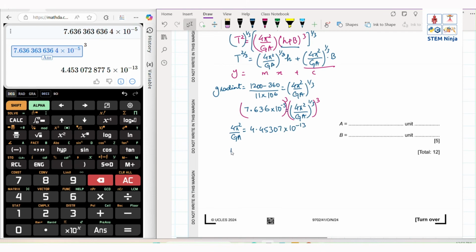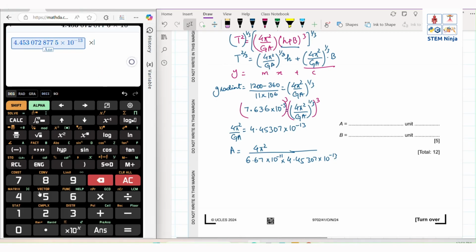Now we cross multiply to find A. So A would be 4 pi squared over G, where G is 6.67 times 10 raised to power minus 11, times this value, 4.45307 times 10 raised to power minus 13.